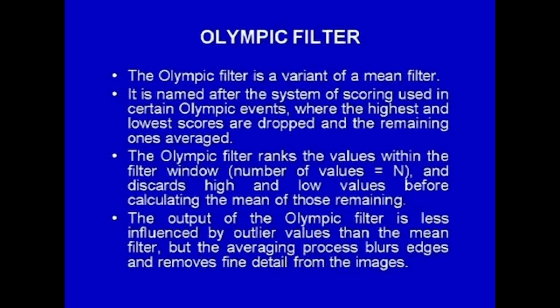The Olympic filter ranks the values within the filter window, that is, the number of values is equal to n, and discards the high and the low values before calculating the mean of those remaining. The output of the Olympic filter is less influenced by outlier values than the mean filter, but the averaging process blurs edges and removes fine details in the images.